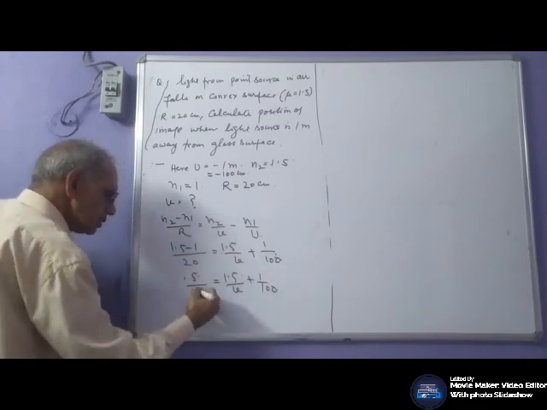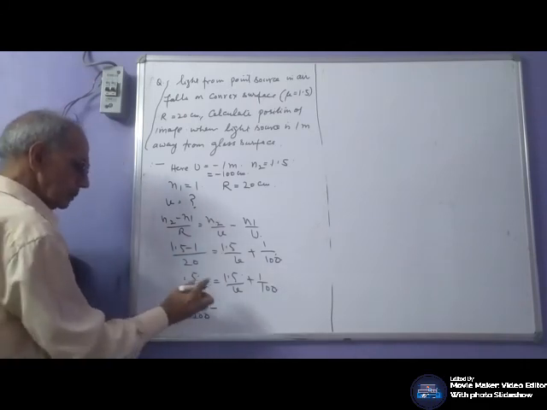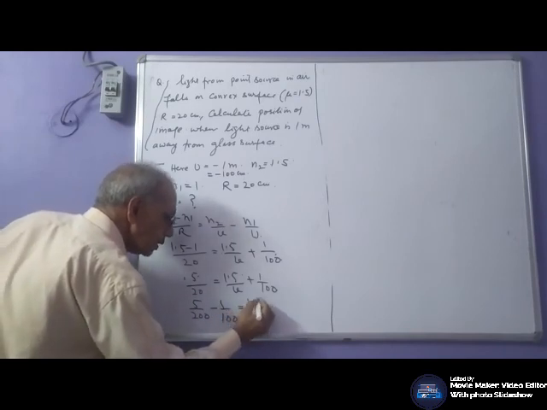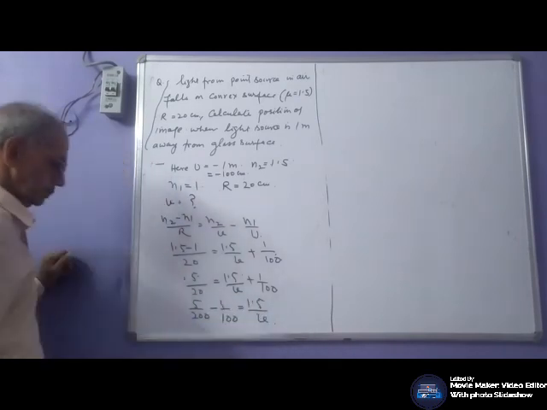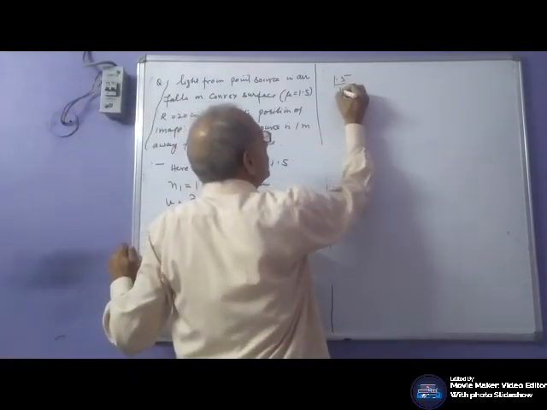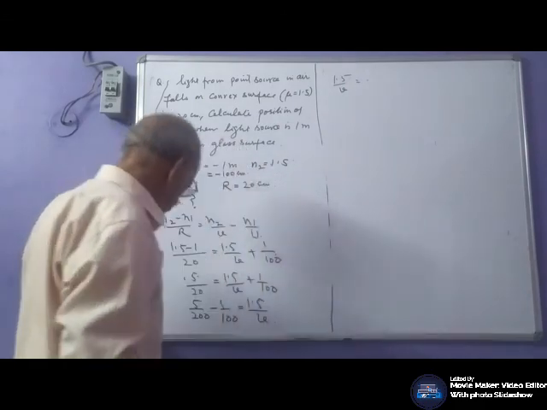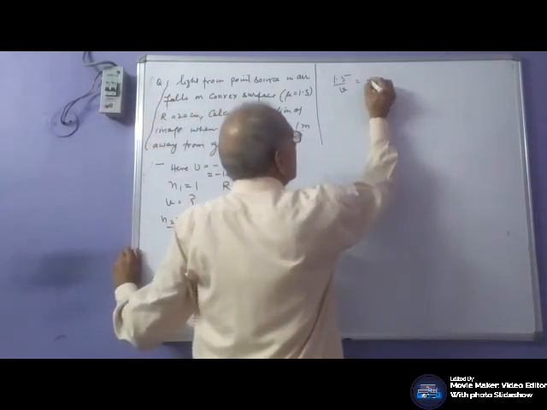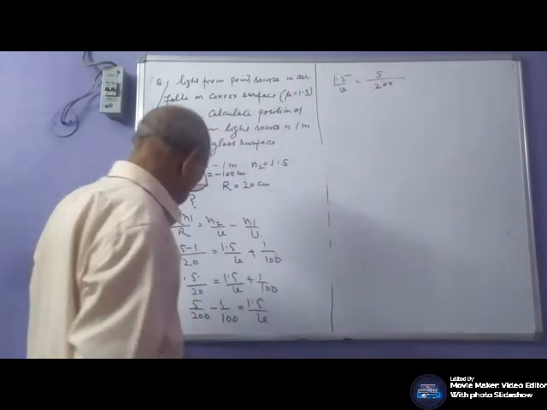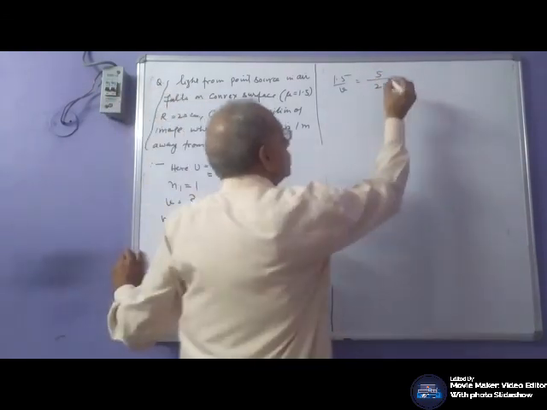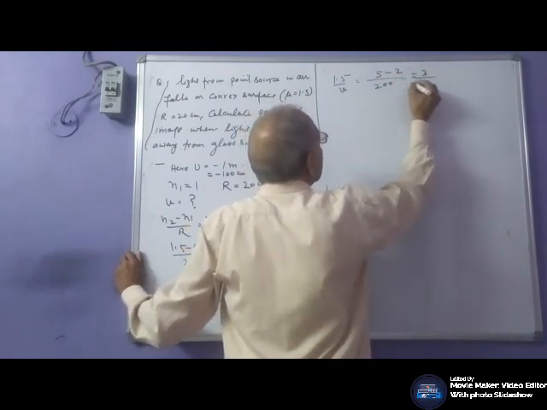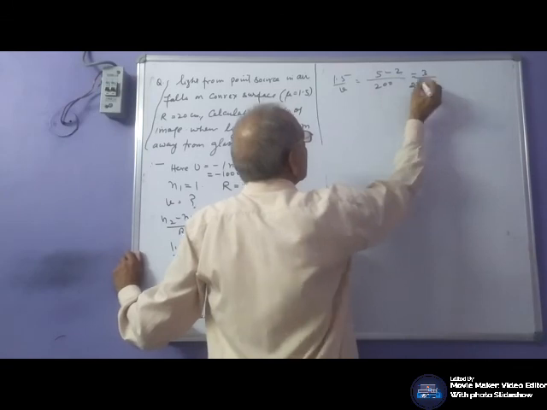Take this to this side, remove point: minus 1 by 100 equals 1.5 by V. LCM 200, it is 5 minus 2, it is 3 by 200.